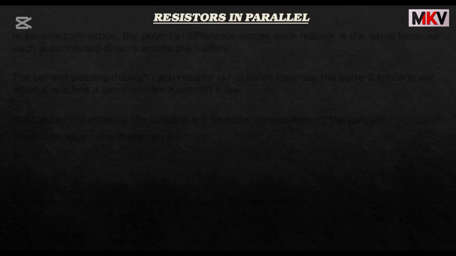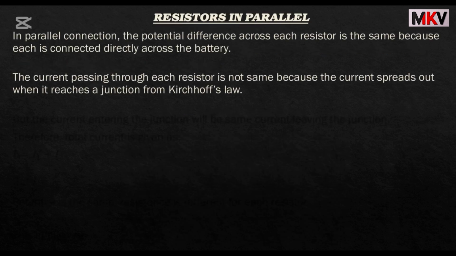Now, resistors in parallel. In a parallel connection, the potential difference across each resistor is the same because each is connected directly across the battery. Each resistor has its terminal connecting directly to the voltage source. Therefore, they have the same potential difference across them.